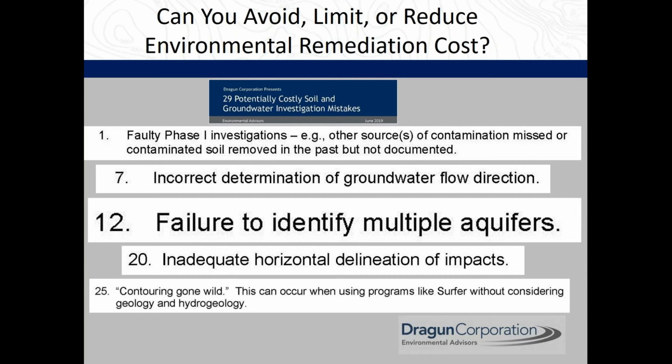And that could be a linear concentration variation, but it also could be something different. So you're dealing with output from Surfer, which may not give you a representative indication of the distribution of contaminants, but it makes nice maps. Next slide, please.